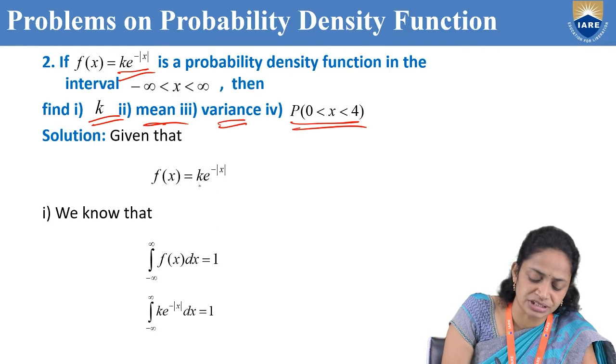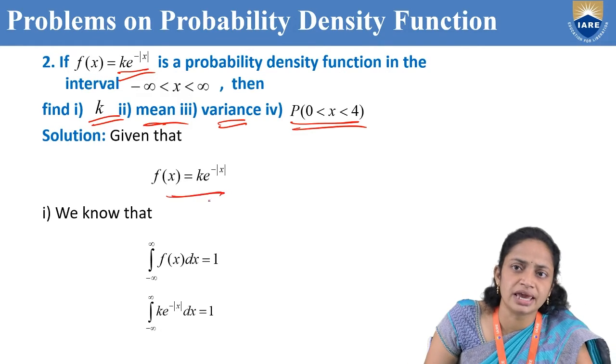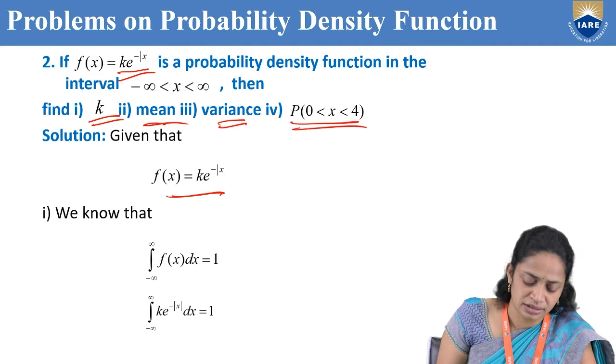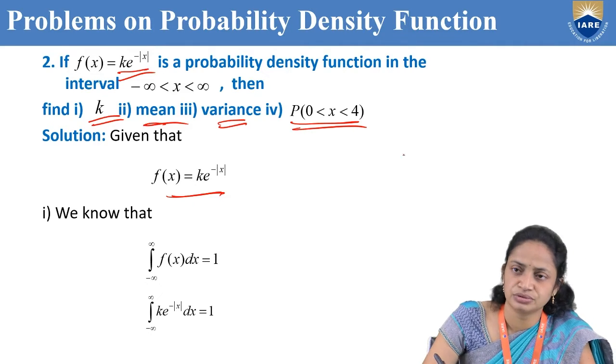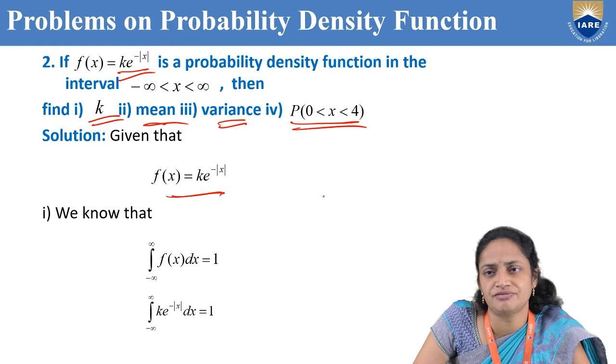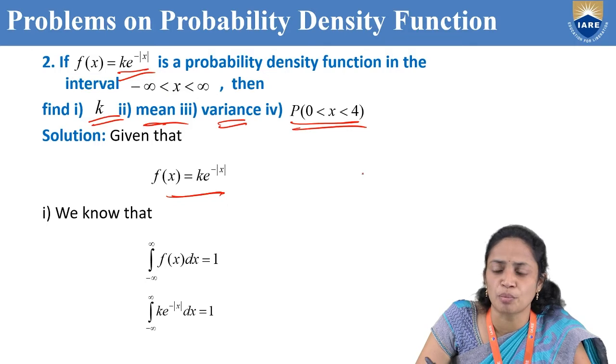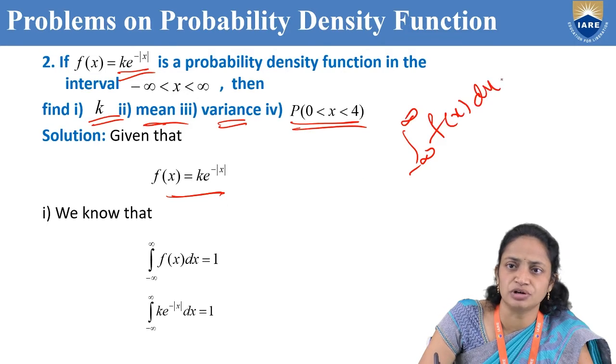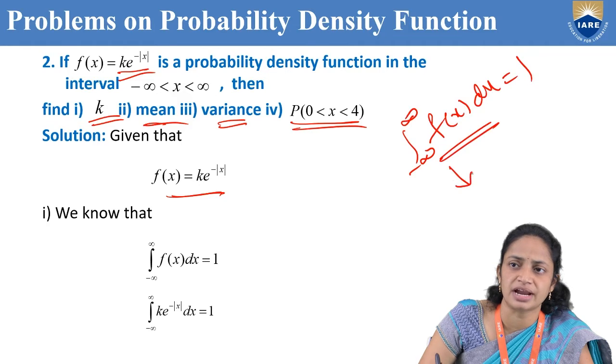So given that the function is f of x equal to k into e power minus modulus of x. Okay, so we know how to find the k value. By using the probability density function second property, that is integration over minus infinity to infinity f of x dx equal to 1.